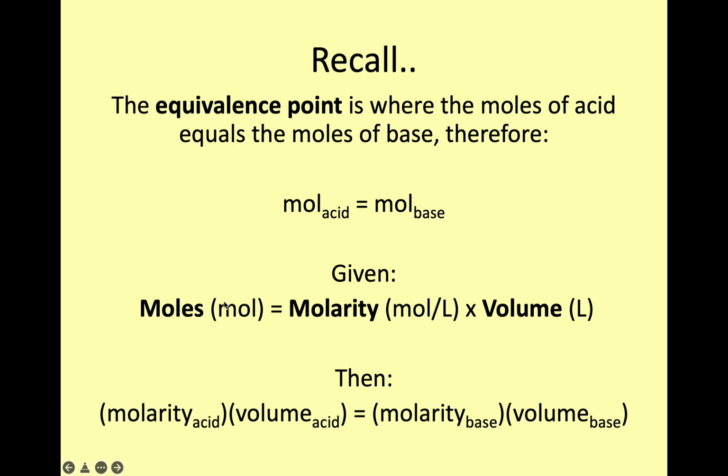So if we have moles here, this is moles of acid. We can find the molarity of the acid times the volume of the acid, and that should equal the molarity of the base times the volume of the base. Of these 4 things, we are given 3 in the problem or in your experiment.